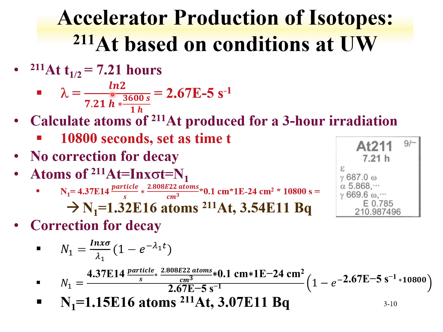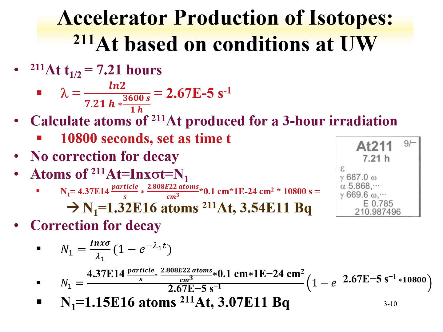Remember that the half-life should be converted into seconds, so it's 7.21 hours with 3,600 seconds per hour. You get a decay constant of 2.67 times 10 to the minus 5 inverse seconds. For this example, calculate the production of astatine-211 atoms for a 3-hour irradiation. Again, 3 hours, convert that into seconds: 10,800 seconds, set that as time t.